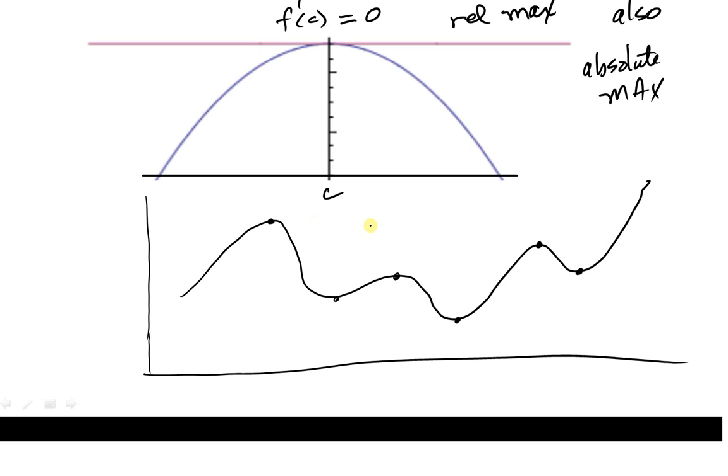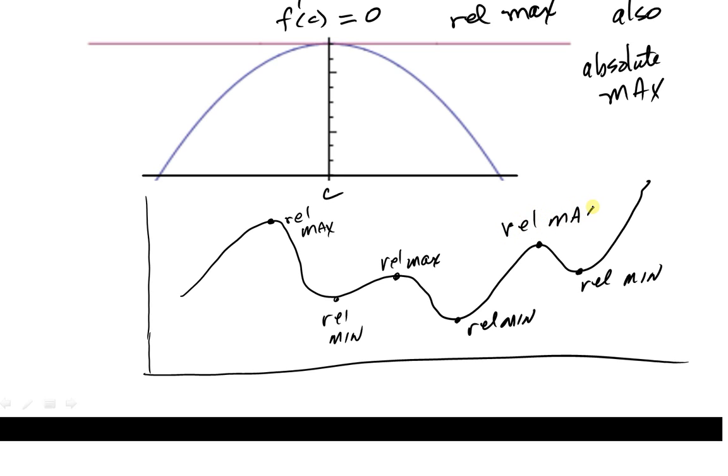And you can see that this would be a relative max, relative min, relative max, although not as large as the other mountain peaks you see here. Here's a relative min, relative min, and a relative max. And at all of these points, the first derivative is 0.